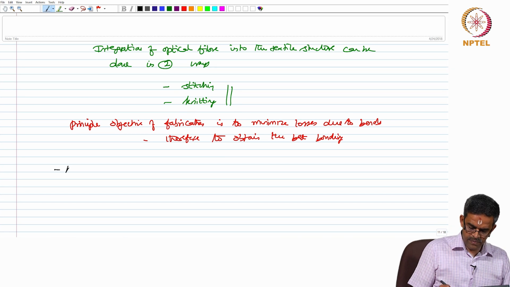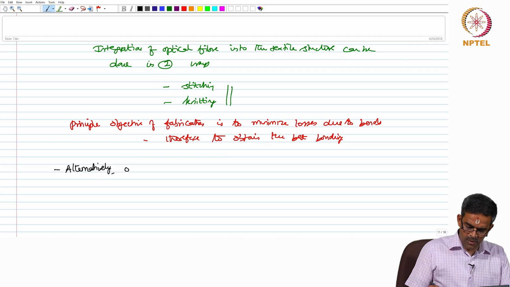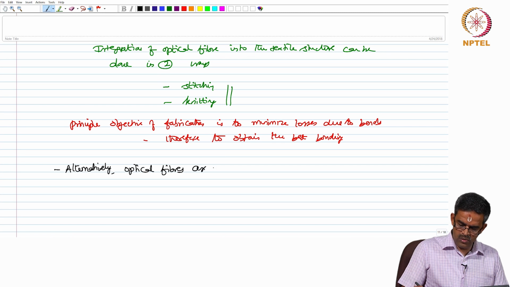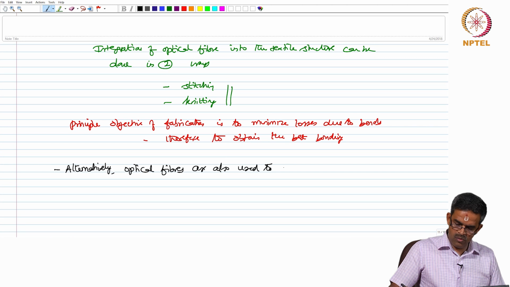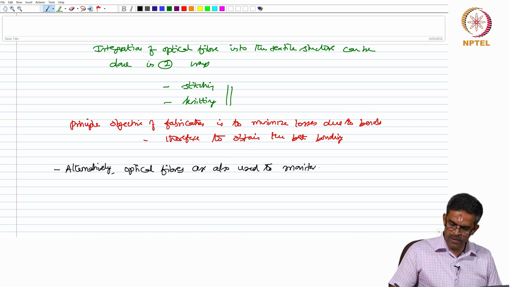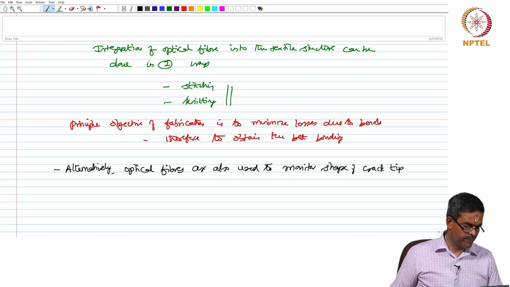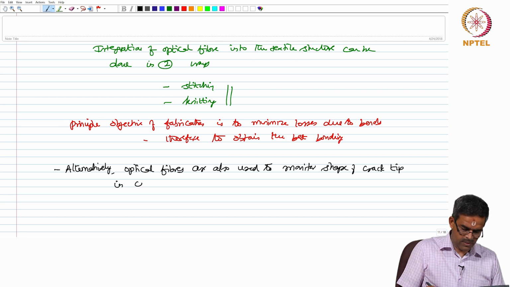Alternatively, optical fibers are also used to monitor the shape of the crack tip in concrete members.